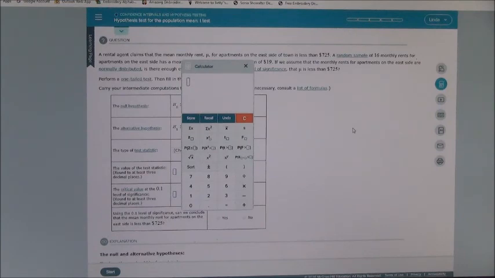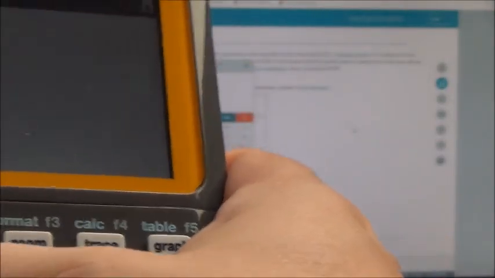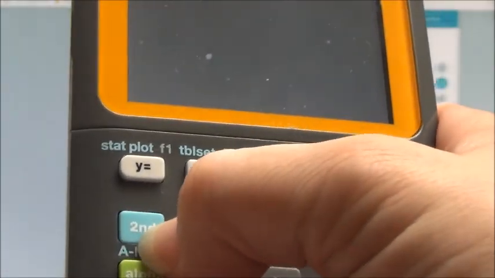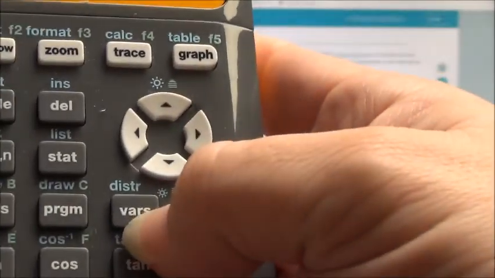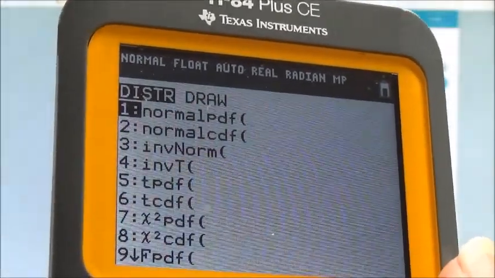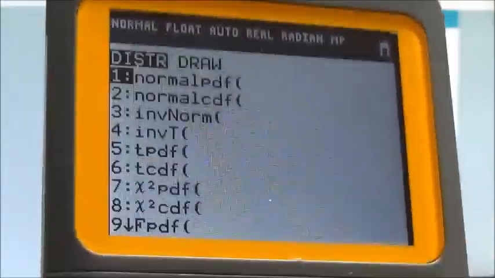So just for an example quickly, since we've already done this in Chapter 6, to find the critical value for the right-tailed test with an alpha value of 0.05 and 12 degrees of freedom, we are going to grab our graphing calculator here. We are going to hit the second button and then the vars key for the distribution menu. This time we're doing choice number 4, which is your inverse t.